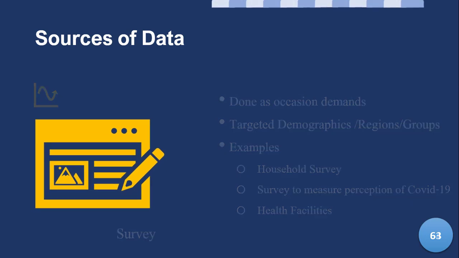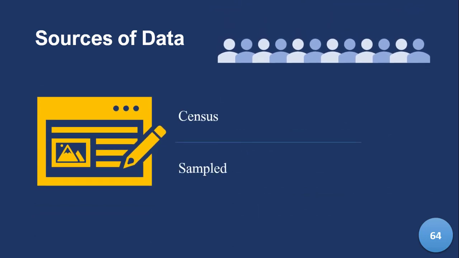Now, under survey, we still have two types. We have the census, where you are taking everybody. For example, I can go to a particular school and say, everybody in this school, we want to take all your dates of birth. That would be a census of that school.